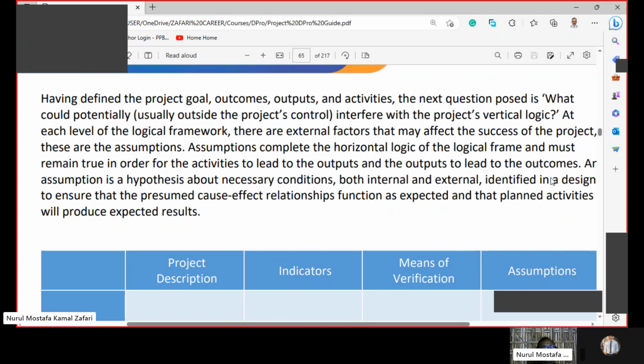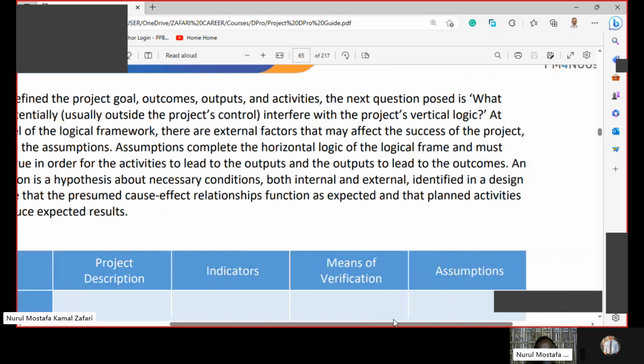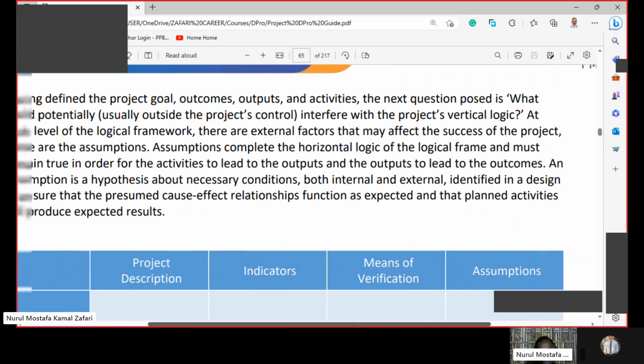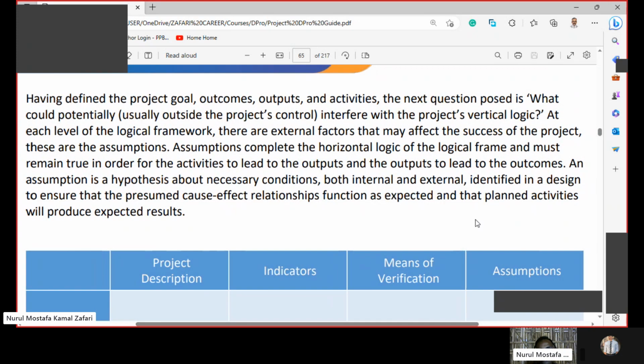An assumption is a hypothesis about necessary conditions, both internal and external, identified in a design to ensure that the presumed cause and effect relationships function as expected and that planned activities will produce expected results.